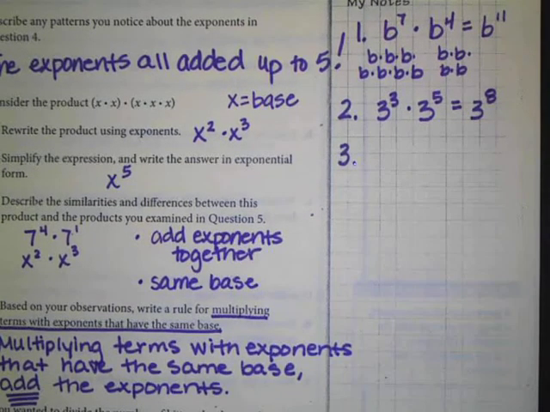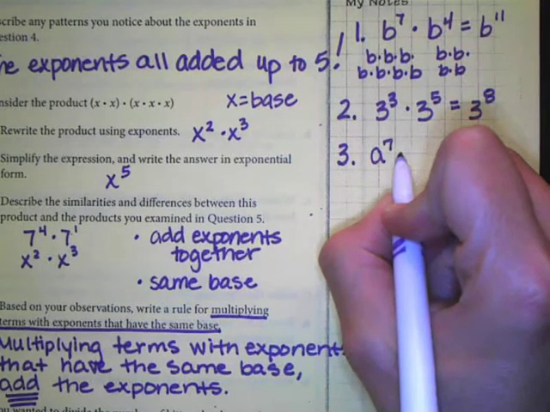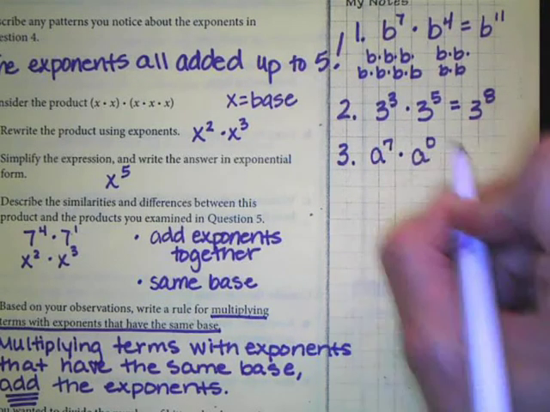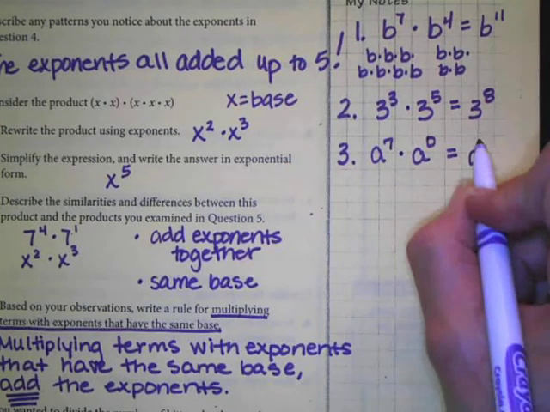Now, we are not to this point. It's coming down the road, but I want to show you how this rule still works. I'm going to have a to the 7th times a to the 0. What does the rule say? What do you have to do? You add the exponents. It would just be a to the 7th.